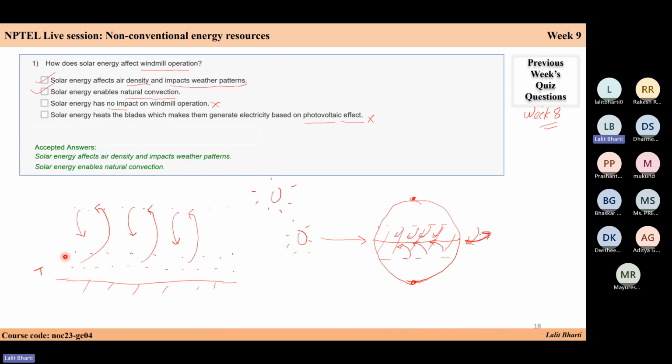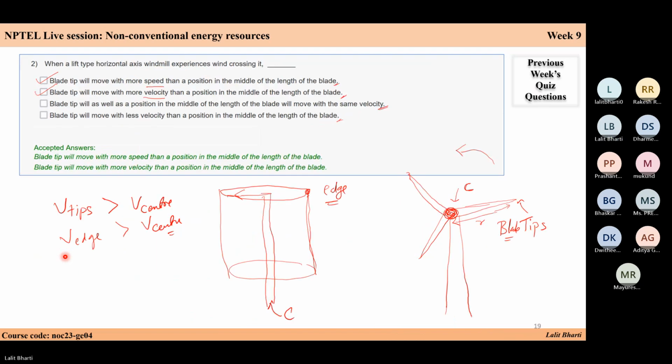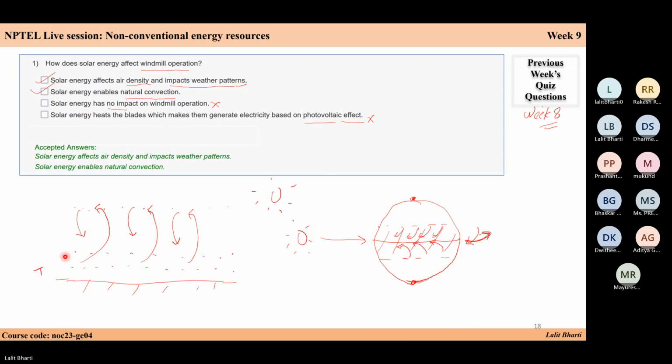Then the next question. How does solar energy affect windmill operation? This question is from the previous week's quiz, week 8. We have already discussed how solar energy is related to wind energy generation.